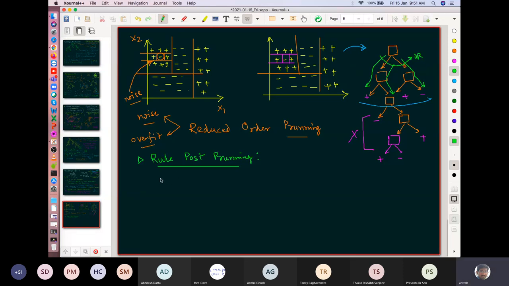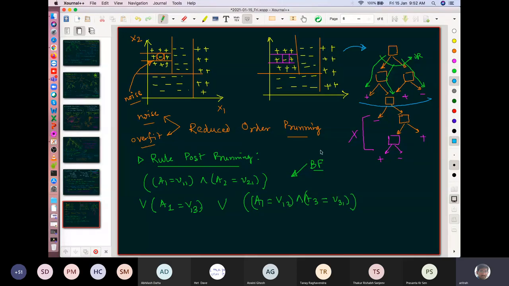Therefore, you can make a formula that my attribute 1 can get value 1 and attribute 2 can get some value, or I can say attribute 1 gets value 1 3, or attribute 1 gets value 1 2 and attribute 3 gets value 3 1. This is how a decision tree is interpreted as a Boolean formula. Now what we do is rule post pruning.